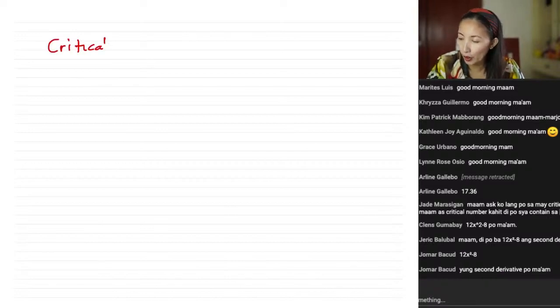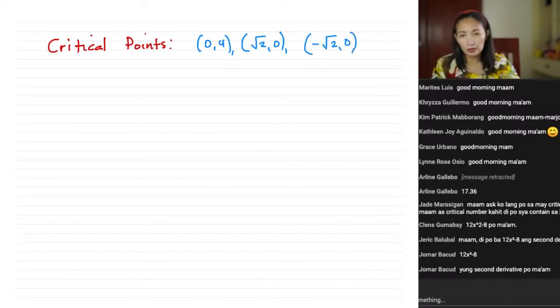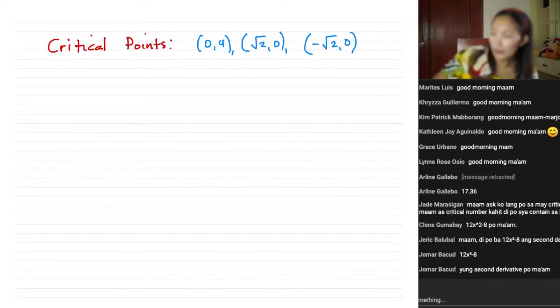The critical points are 0, 4, square root of 2, 0, negative square root of 2, 0.